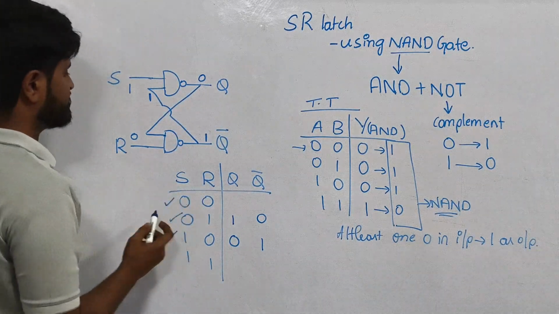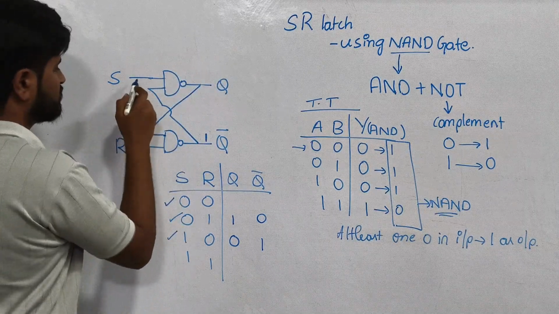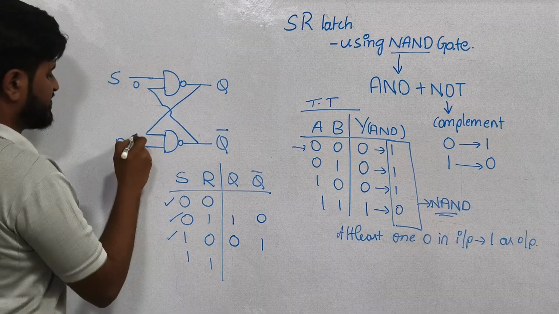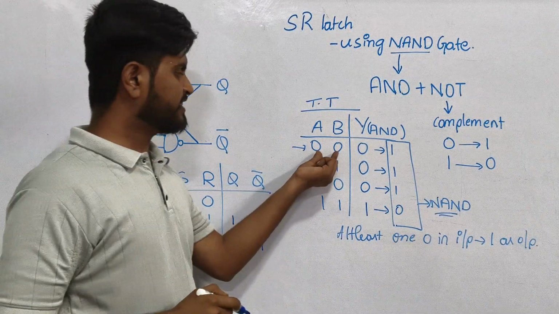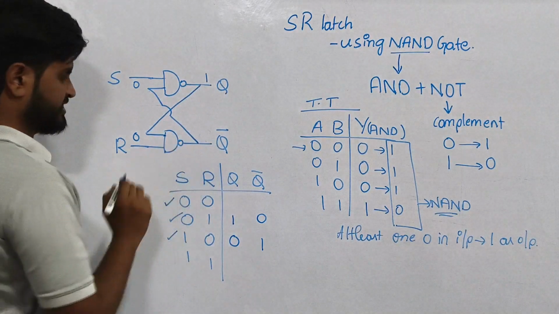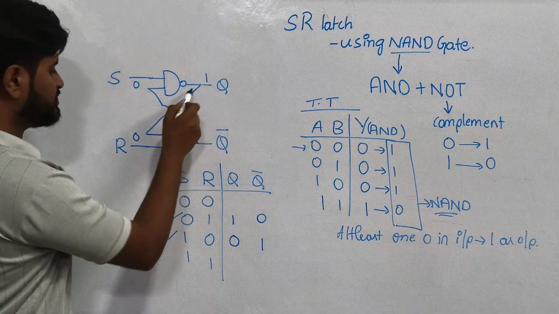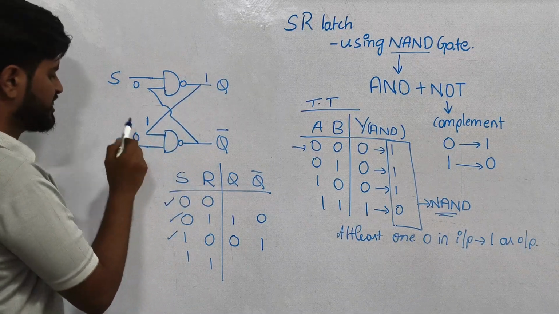Now let's take this condition, 0 and 0. When both S and R are equal to 0, at least one 0 is there, so output will be 1. You can write it here or here. Now this 1 will be given as input here, 1 and 0.